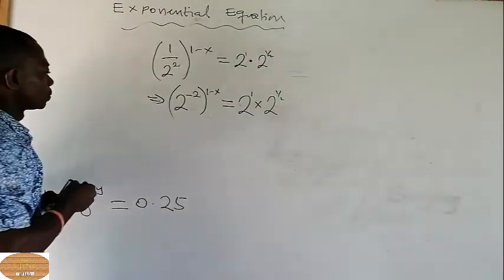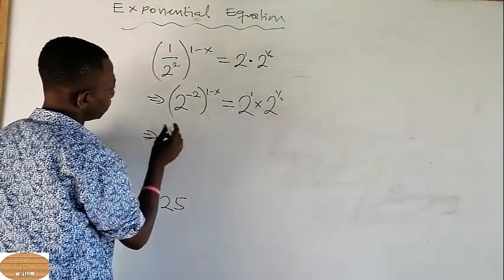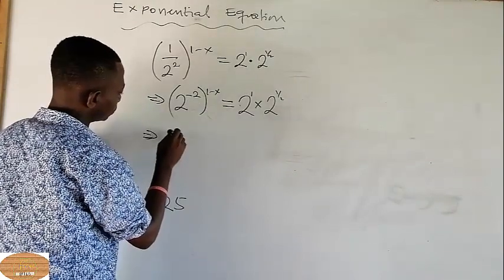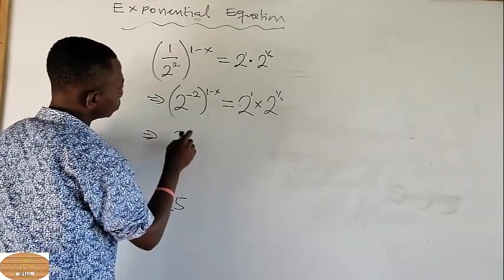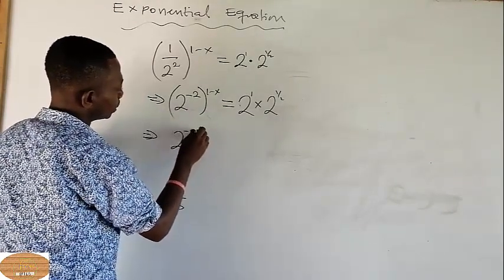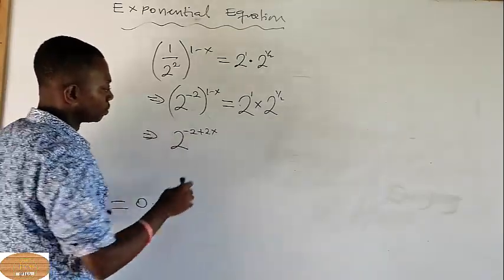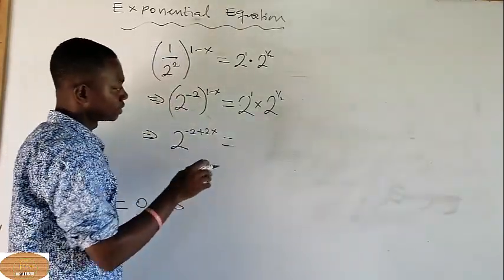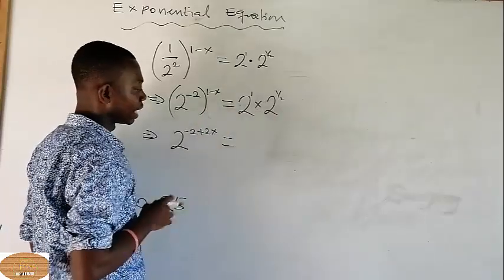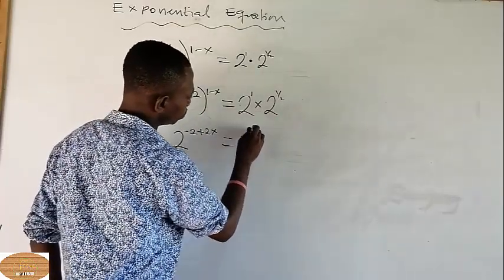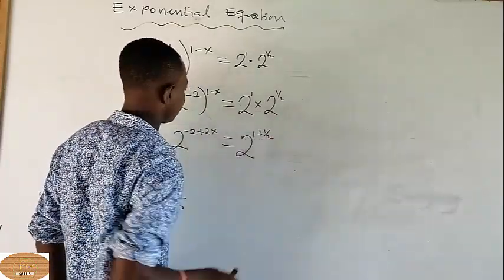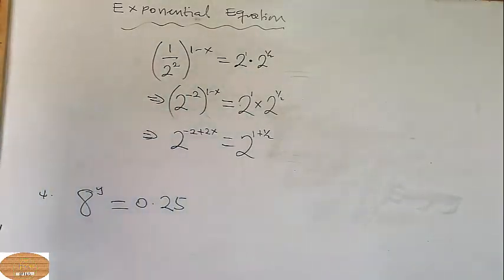Alright. So let me expand the exponent. So minus 2 plus 2x equals, so by the law of indices for multiplication, we add the exponents. So 2, 1 plus half. Okay, I have that.